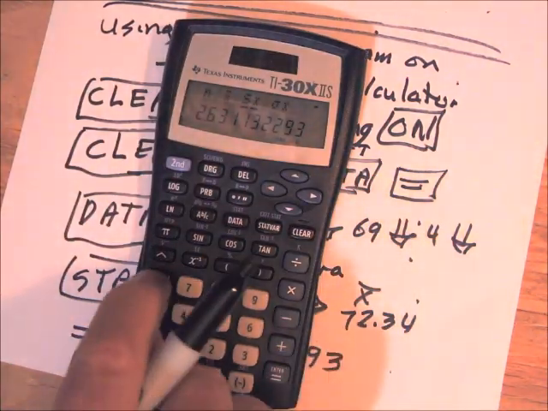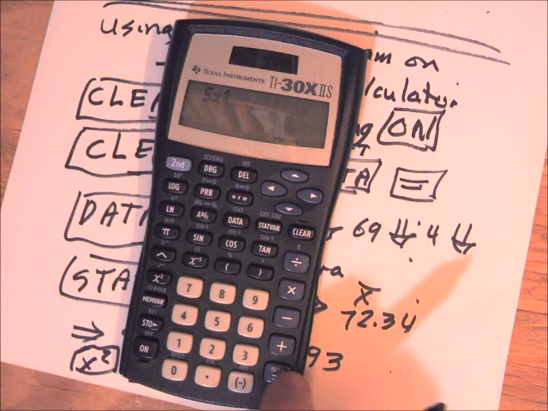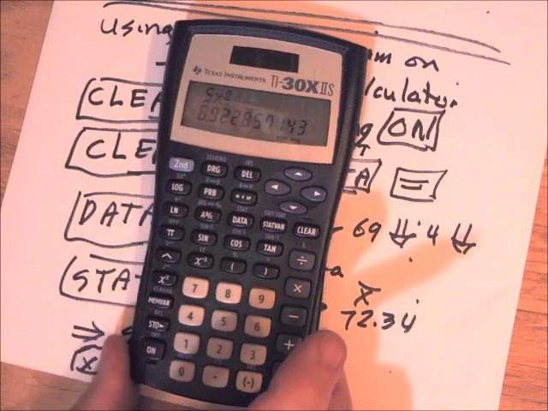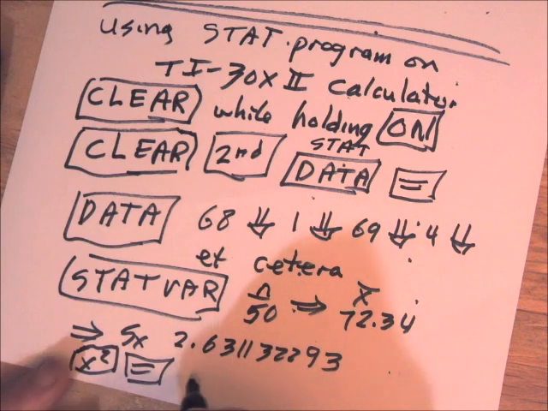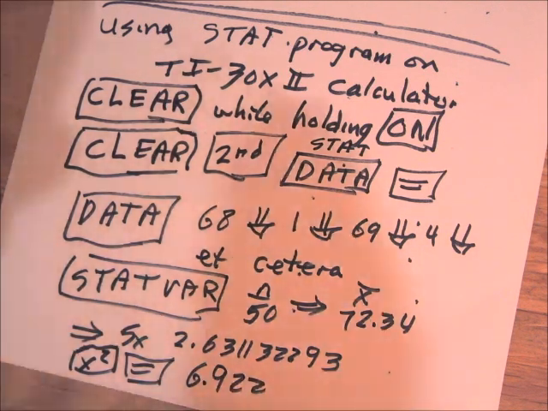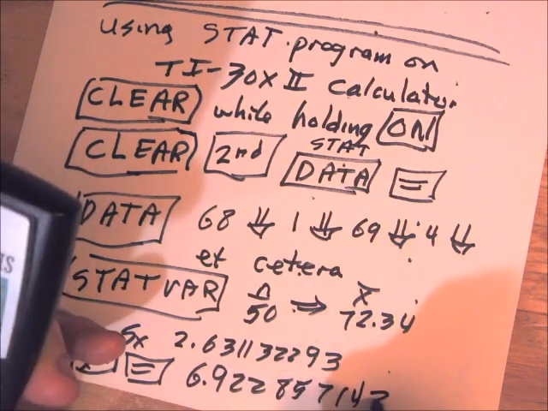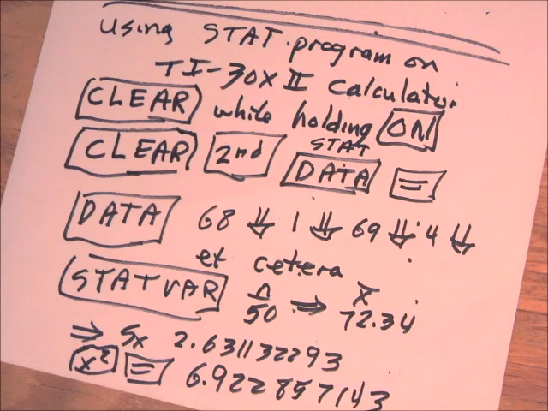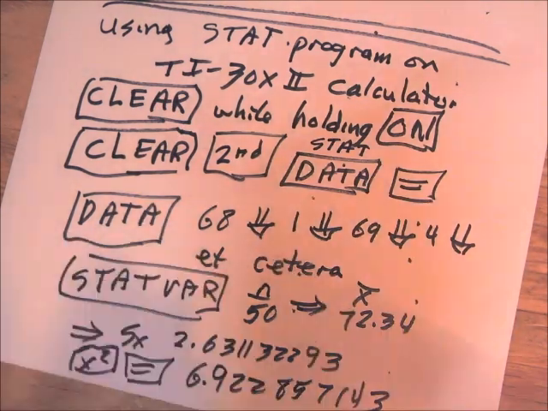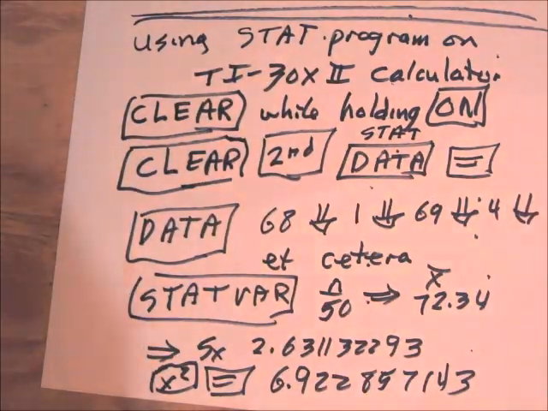So push x squared and then equals, and that gives you the variance, 6.922 something, 857143. Okay, and so that concludes this presentation.